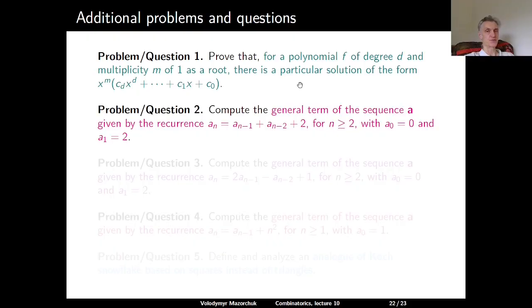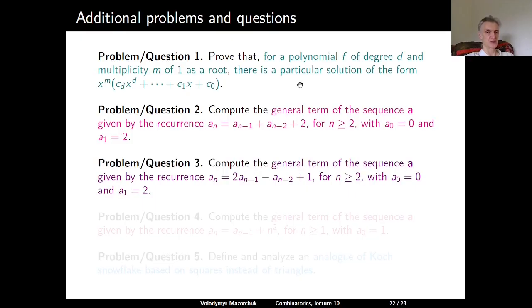Problem question 2. Compute the general term of the sequence a given by the recurrence a_n is equal to a_{n-1} plus a_{n-2} plus 2 for n greater than or equal to 2, with a_0 being 0 and a_1 being 2. Problem question 3.